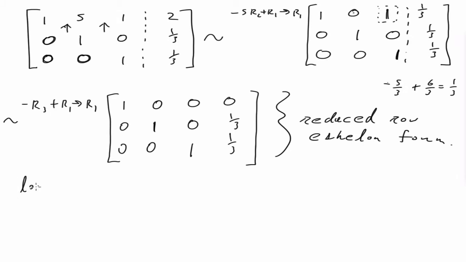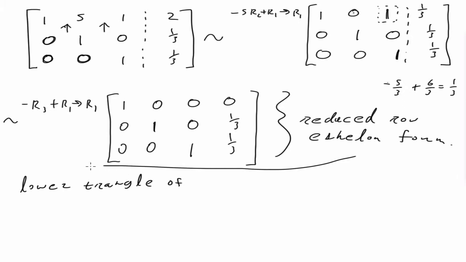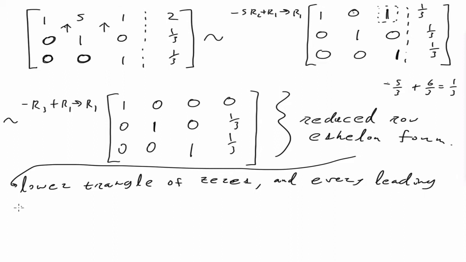So reduced row echelon form means, again, a lower triangle of zeros, and every leading entry, those are the ones on the diagonal here.